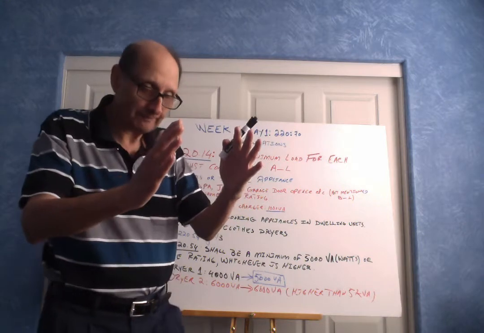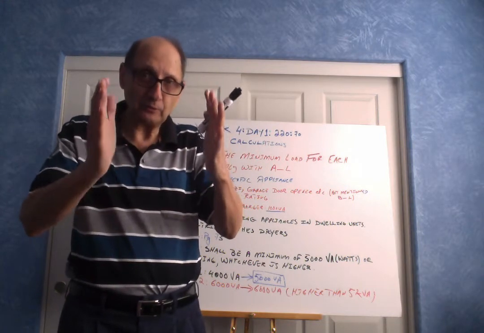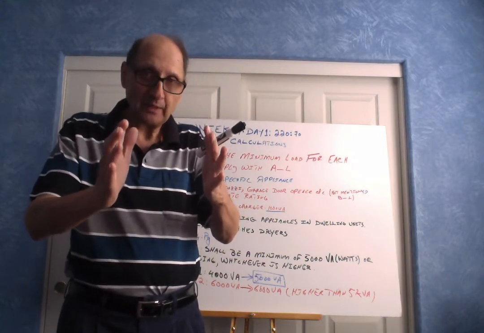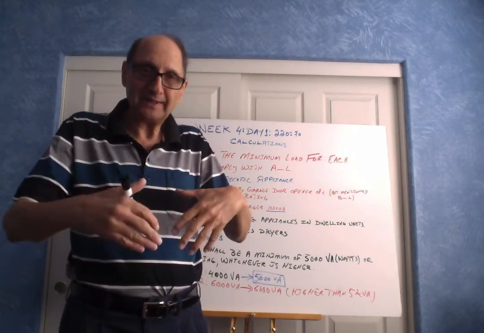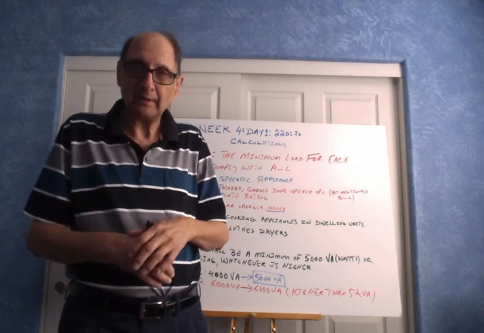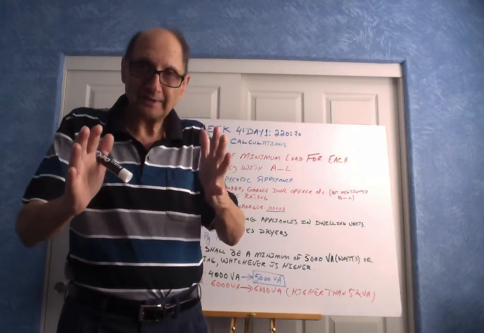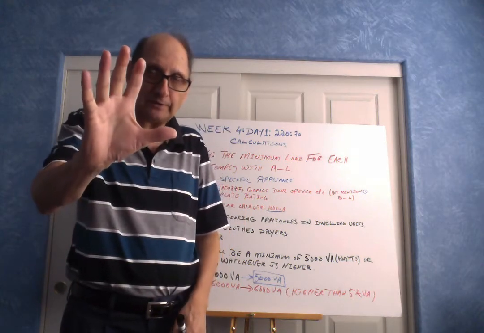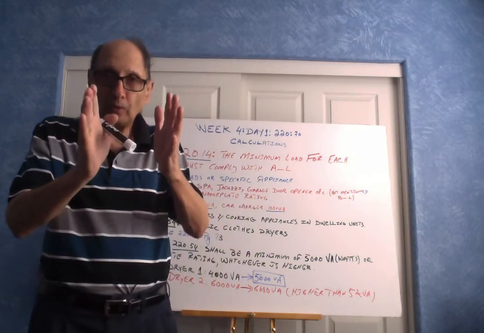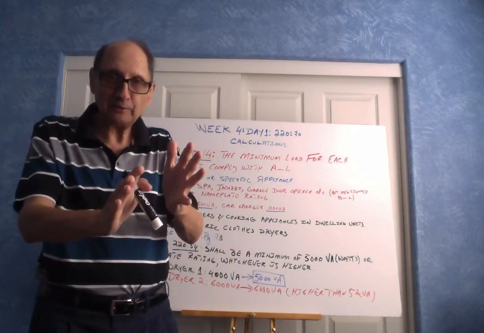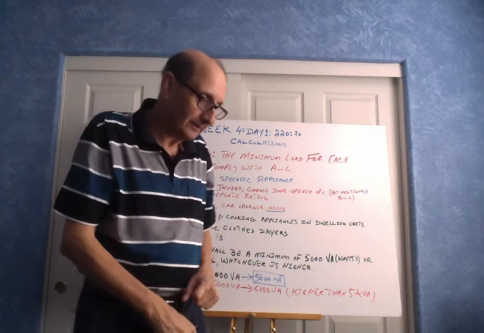So one more time. According to section 220.54, the minimum value of the electric clothes dryers is 5000 watts or 5000 volt amps or nameplate value, whichever is higher.